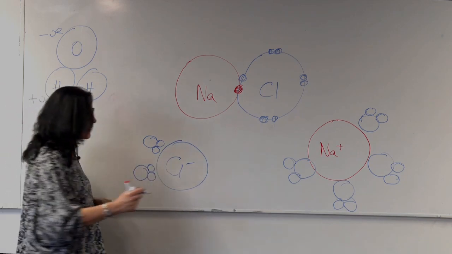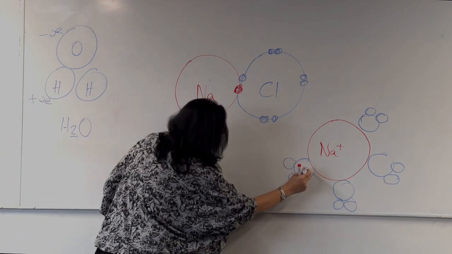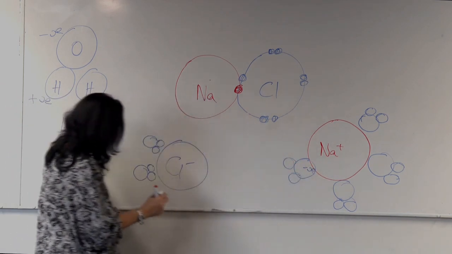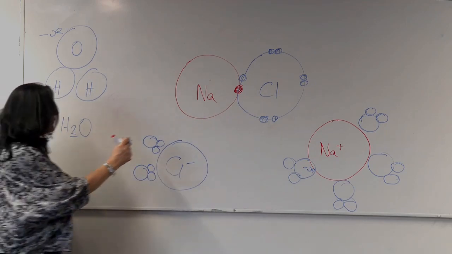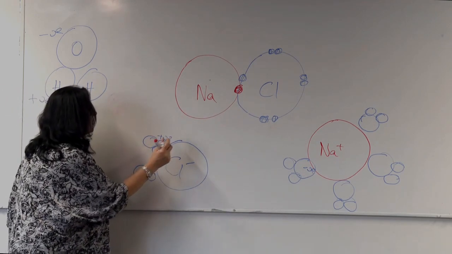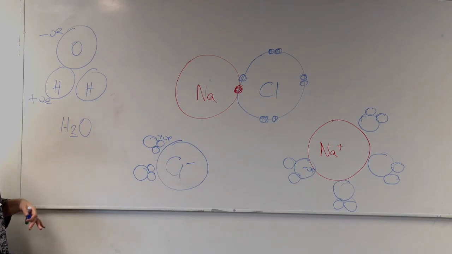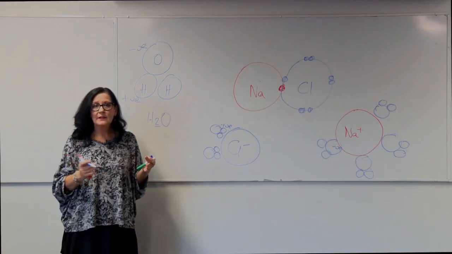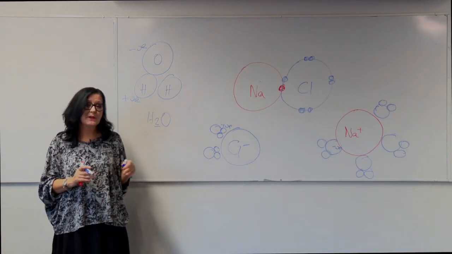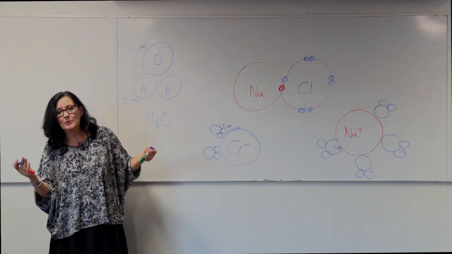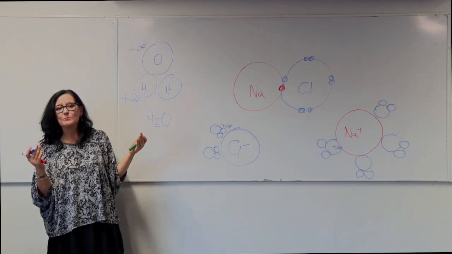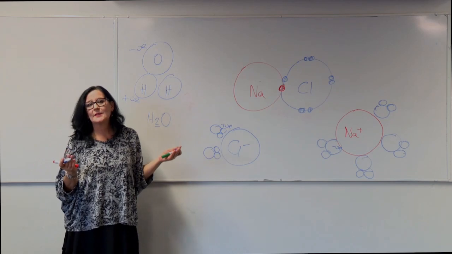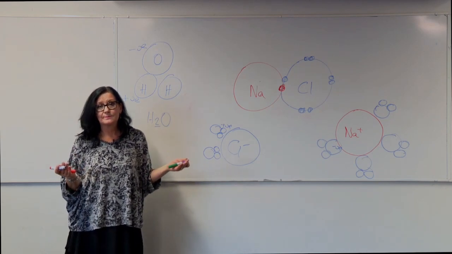In this case, we've got the negative pole attracted. In this case, we've got the positive pole attracted to chlorine. Consequently, our NaCl has become Na plus and Cl minus. And these are two of the most important ions in terms of the body.